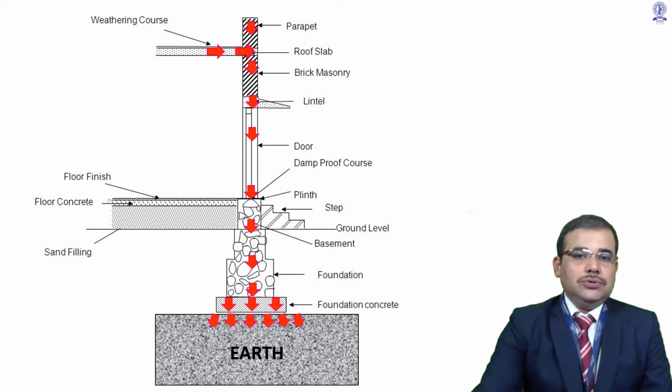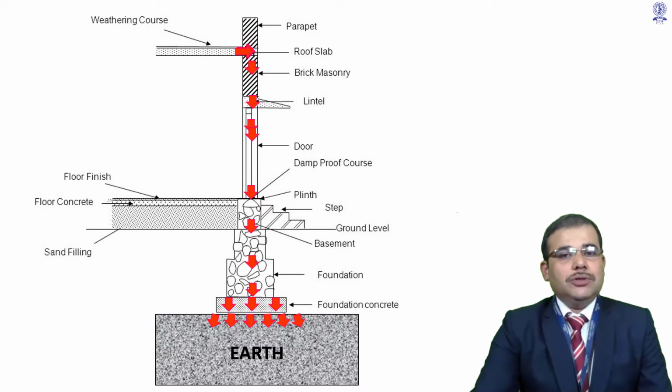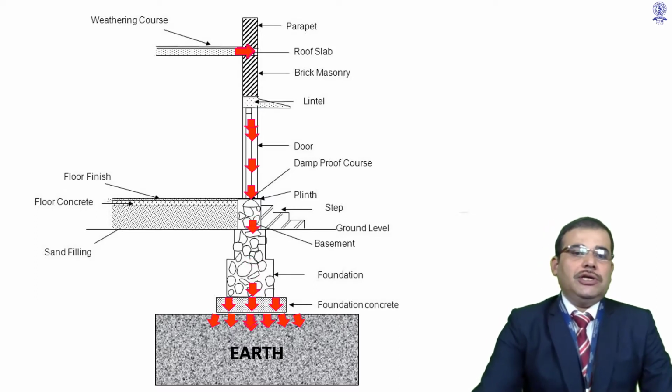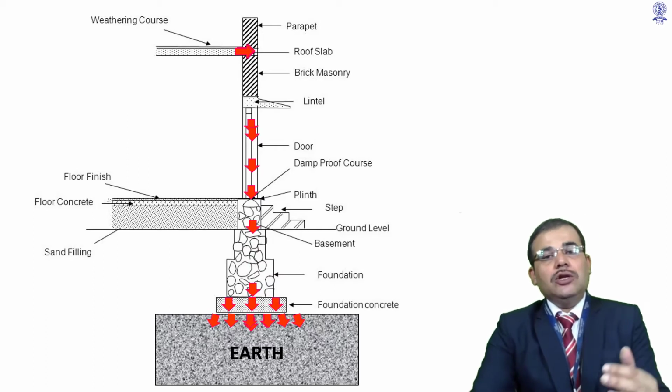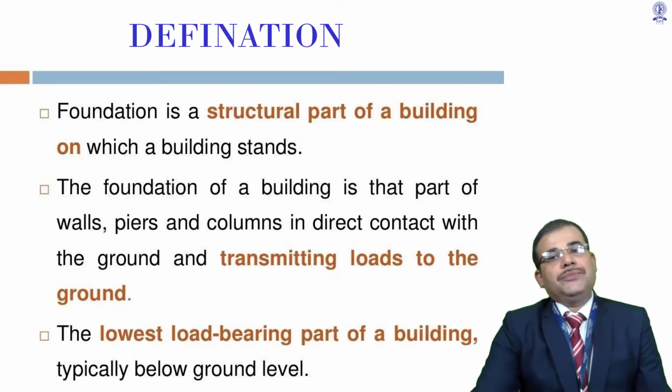As shown here, the entire load comes from the superstructure. It is transferred through the wall, then to the foundation and to the earth. This is the typical load transfer arrangement of the structure to the ground.